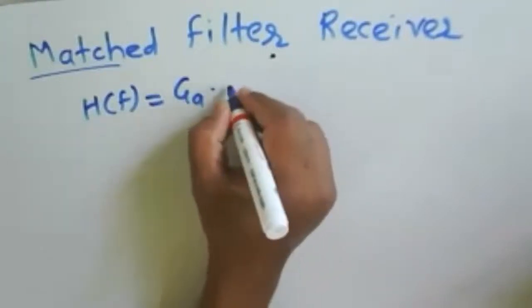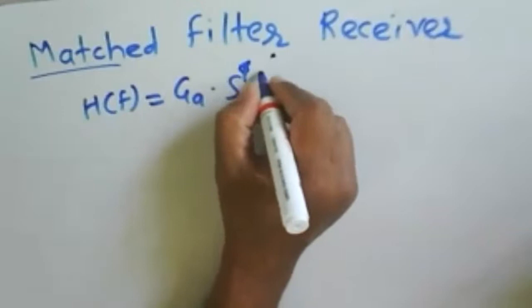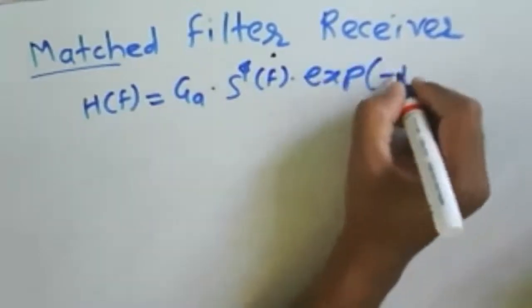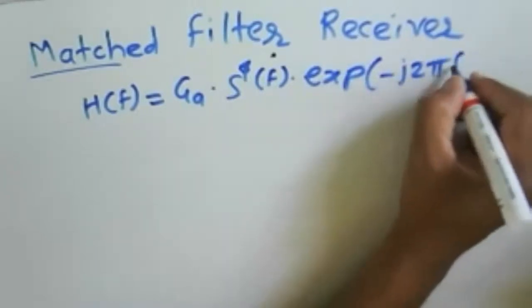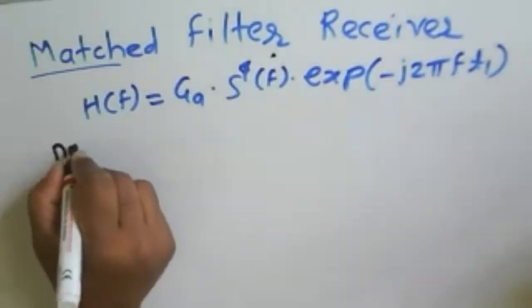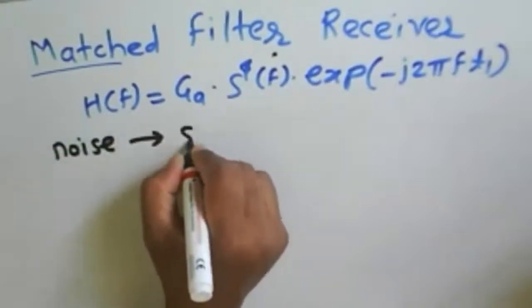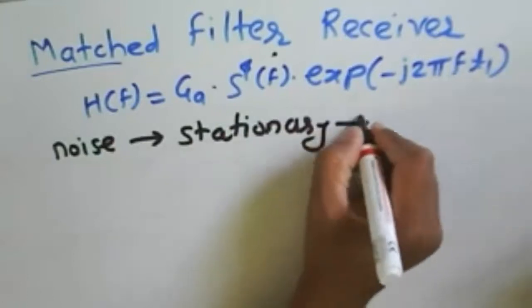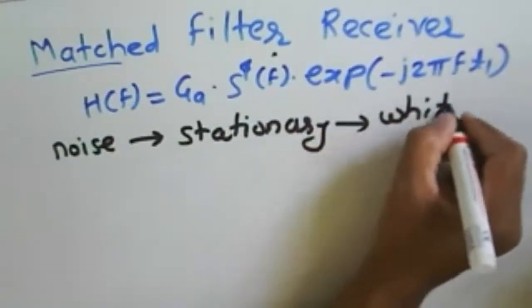Again, we have the complex conjugate of S of f and the exponential of minus j 2 pi f t1, that is h. And we have considered earlier that noise is stationary. When the noise is stationary, we say it is white noise.